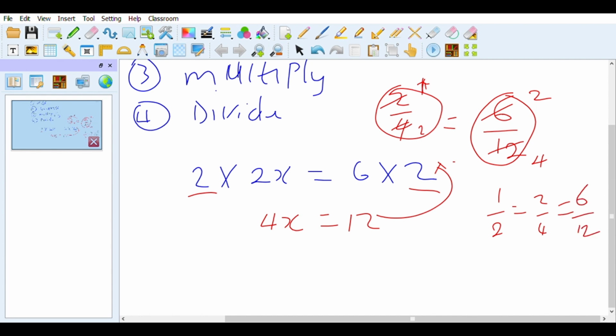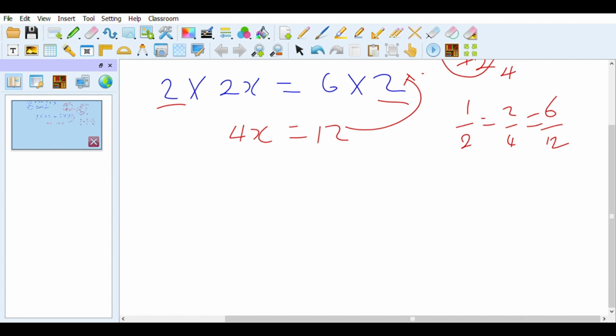This is a similar thing that is happening to equations. Anytime we do the same thing to the left hand side and right hand side, the equations do not change. Their value does not change. So the reason we're doing the same thing to both sides is so we do not affect the value of the equation, just like when we divide the numerator and denominator of a fraction, the resulting fraction is equivalent.